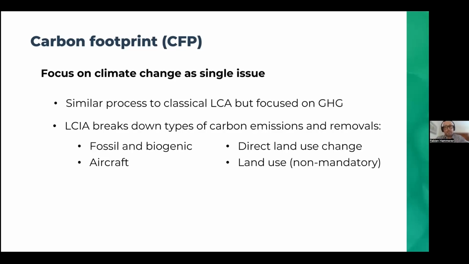The way we manage land takes up a huge part in what we do, and land use itself is also included but non-mandatory. Direct land use change means how much forest gets deforested into agricultural land, or agricultural land turned into parking lots. That's just an example, but you see where I'm heading, I hope.